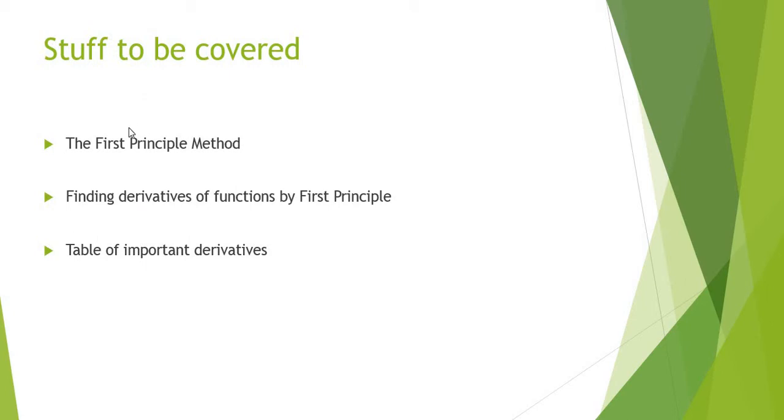And we're gonna build on that, and then we're gonna find some derivatives of functions by the first principle method, which is the way I like to think of it, like the definition of a derivative, a classic definition. And then by the end, I am gonna write down a table of important derivatives of functions. And if I have time, I might explore some properties of derivatives.